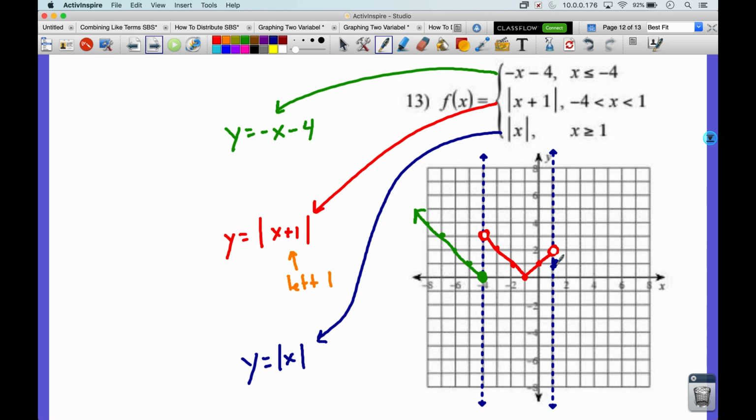We're just going to keep the part that takes up here and keeps going this direction with a slope of 1. And it gets to start with a closed dot because it has the or equal to. There's our 3 pieces. So we're just graphing 3 equations on one piece of graph paper, but only keeping a small part of each.